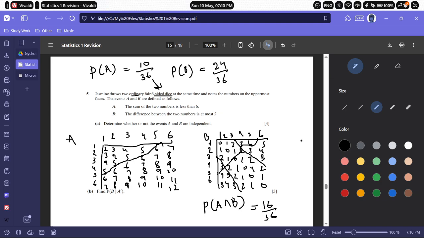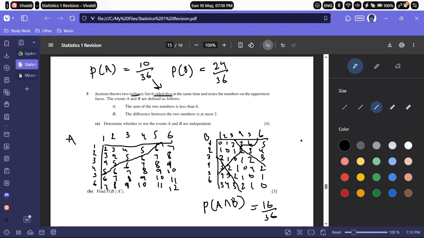Wait. I think I might have done something wrong. This is for B. The difference between the two numbers is at most 2. The sum of the two numbers is less than 6, right?